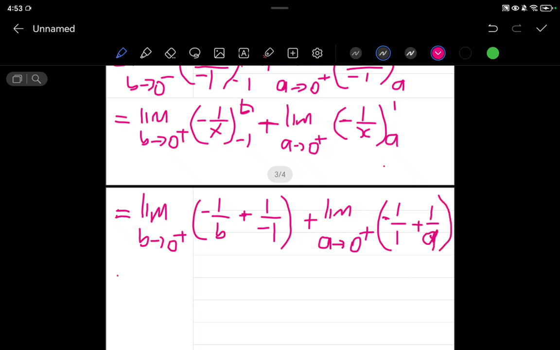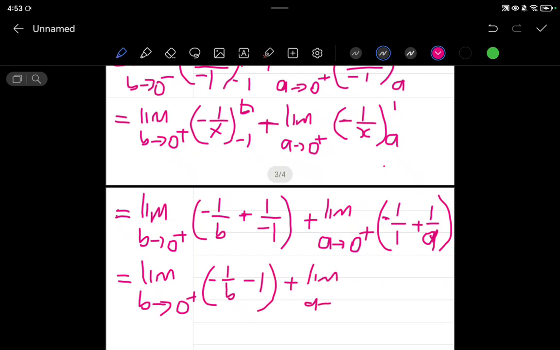Then this would give us the limit as b approaches 0 of -1 over b minus 1, plus the limit as a approaches 0 of -1 plus 1 over a.